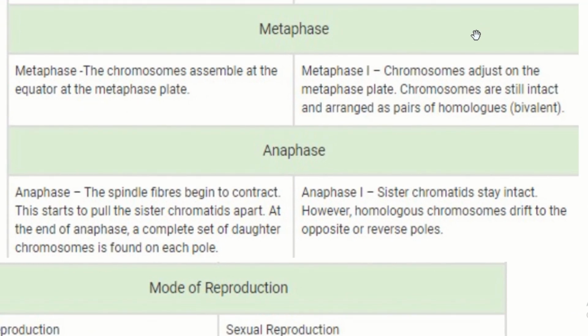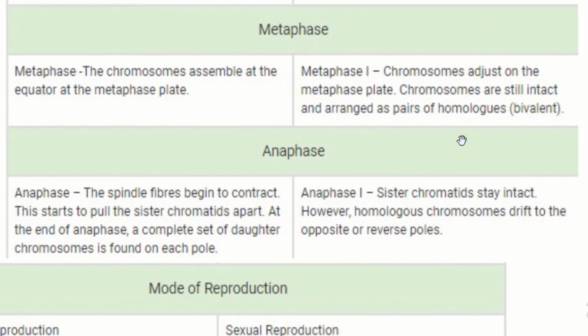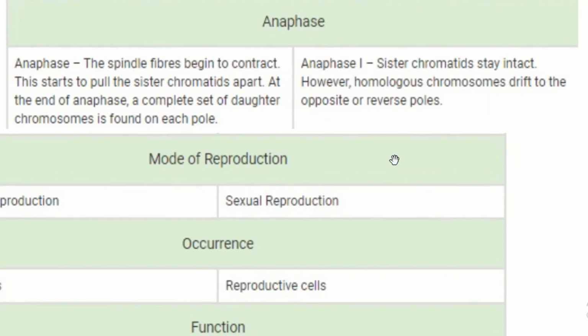Metaphase of mitosis: the chromosomes assemble at the equator at the metaphase plate. Meiosis, metaphase 1: chromosomes adjust on the metaphase plate. Chromosomes are still intact and arranged as pairs of homologues. Anaphase of mitosis: the spindle fibers begin to contract.